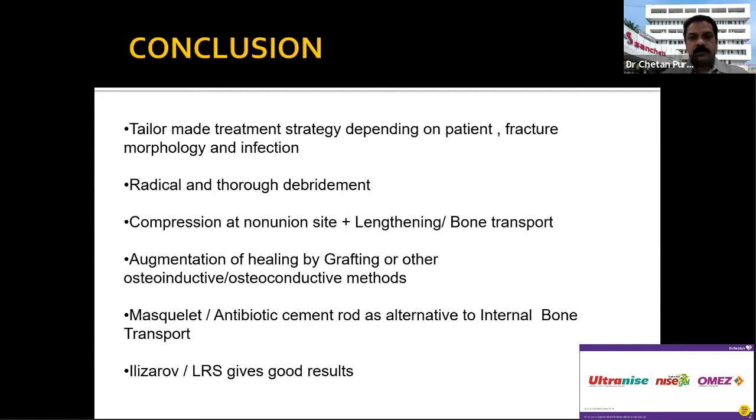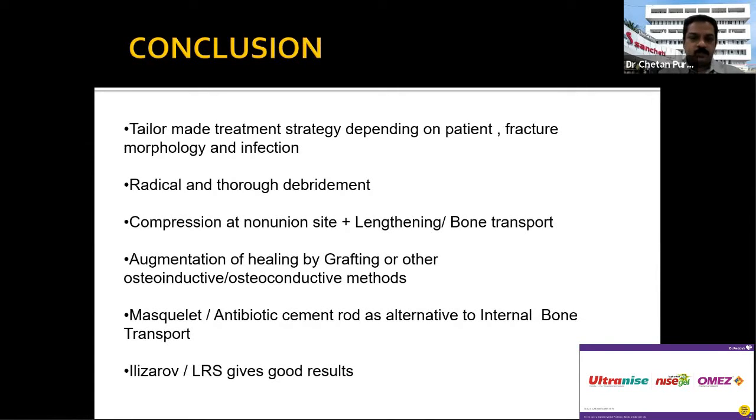Compression at the non-union site plus lengthening or bone transport is the advantage with circular or monoplanar fixator systems. And bone grafting augmentation after the eradication of infection should be considered while managing these.